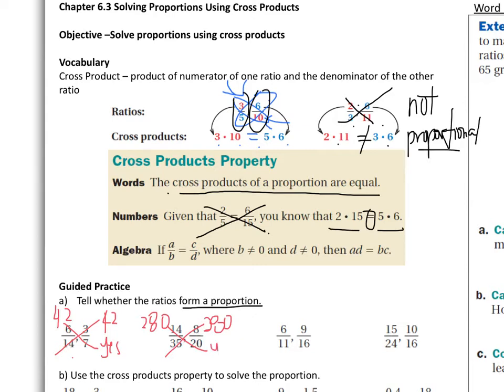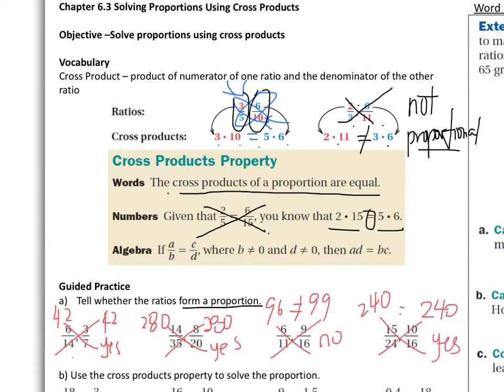So yes, they're proportional. And here, 6 times 16 is 96, and then 11 times 9 is 99. So they're not equal to each other, so no. Here, 24 times 10 is 240, and 15 times 16 is also 240. So yes, they are proportional.